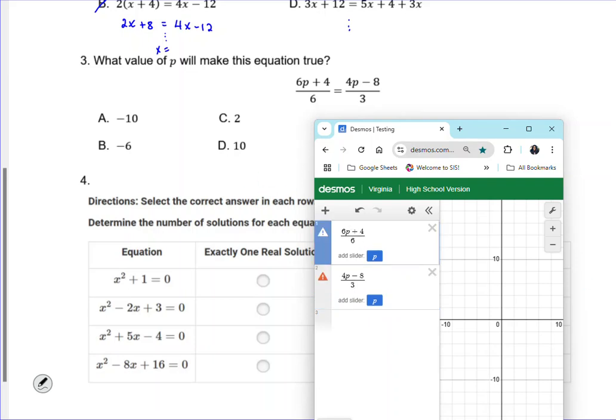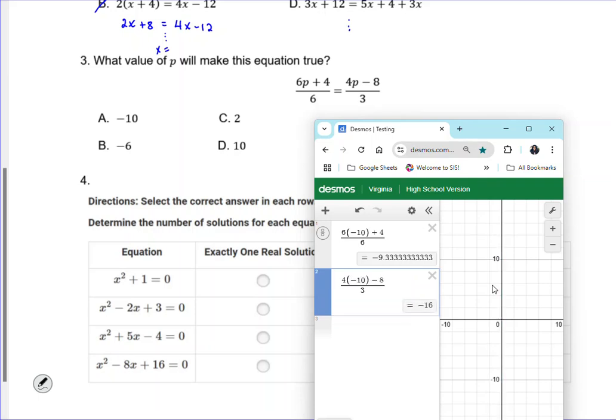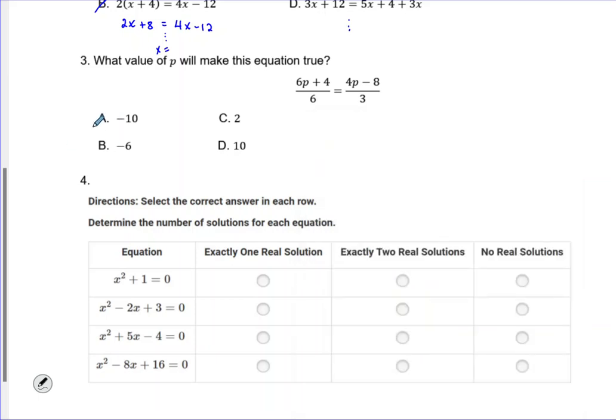So let's go through the list and see which one will give me a true statement. I'm going to change the p to say -10. Take out the p, put it in parentheses, and then put in -10 again, the same number. And again, remember, for it to be a true statement, this number and this number have to be equal to each other, which it's not. So A cannot be my solution.